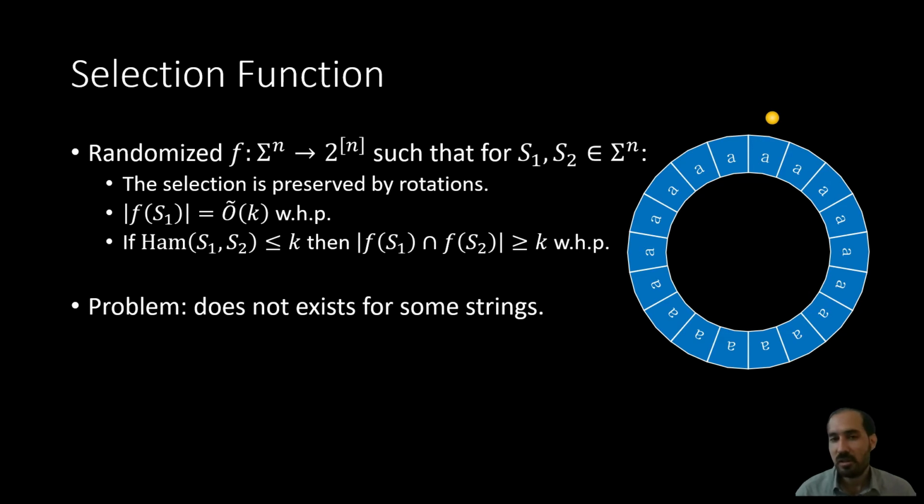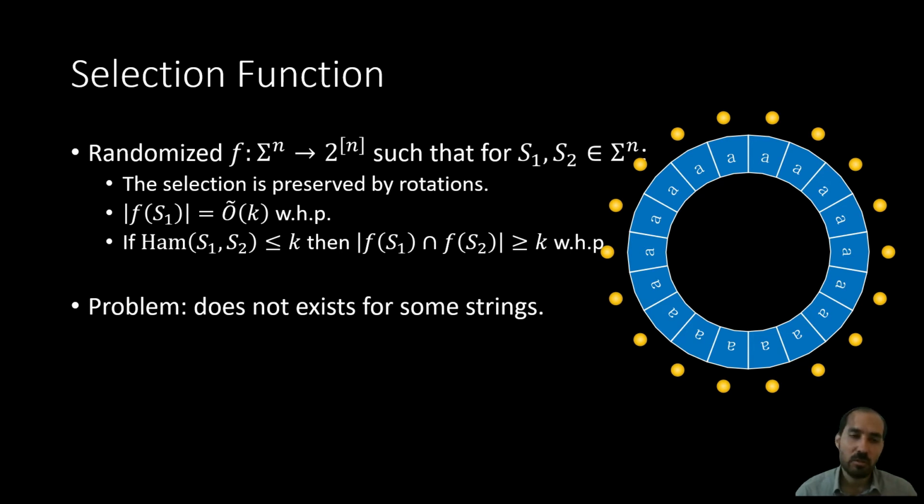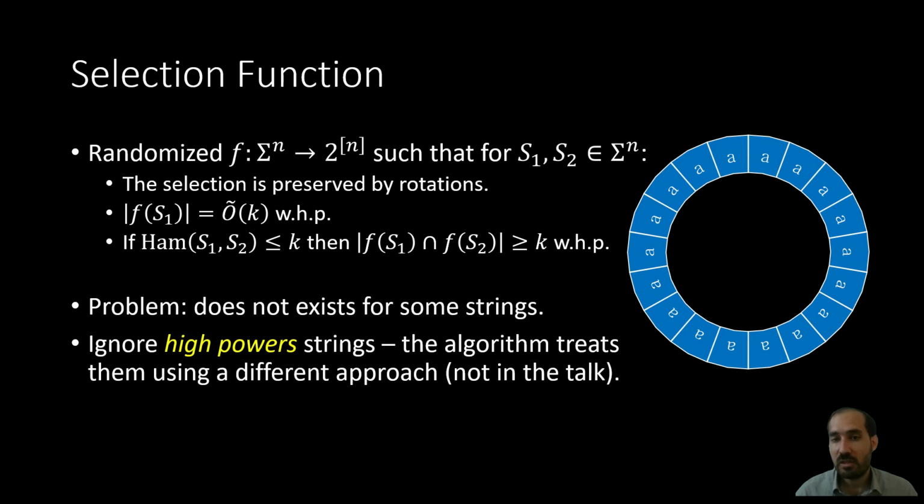However, since this string is the same after every number of rotations, it must be the case that we take all of them. And then we don't have the second property. We contradict the second property that requires that the number of positions be small. However, the option of taking none of the positions is also not fine, because it contradicts the third property, which requires that the size of the set be large and even the intersection of this set with another set be large.